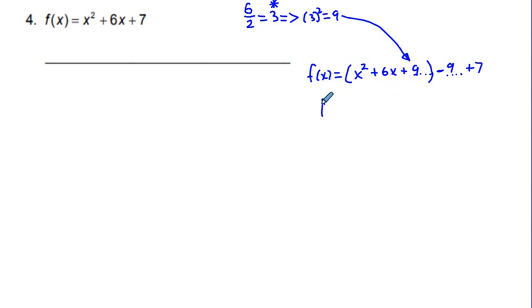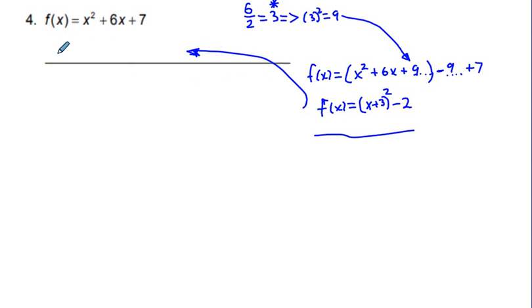And then our answer is going to be f of x equals, remember I asterisked that 3, we'll put (x plus 3) quantity squared, and then on the outside we have minus 9 plus 7, and that condenses to minus 2, so that is going to be our answer, which will go right here.